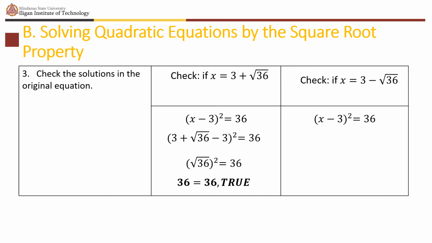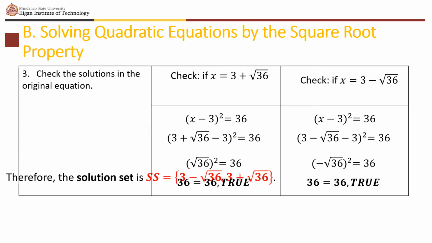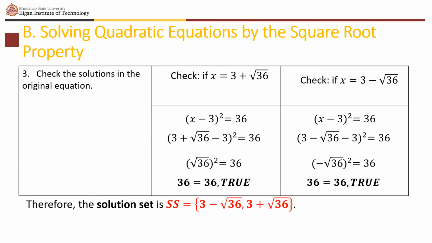So substituting the value x, 3 plus square root of 36 squared here, minus 3 squared, you come up with, this is 0 here, so square root of 36 squared. That's true. On the other hand, you substitute x for 3 minus square root of 36. And you still come up with a true statement. Therefore, the solution set contains 3 minus square root of 36 and 3 plus square root of 36.